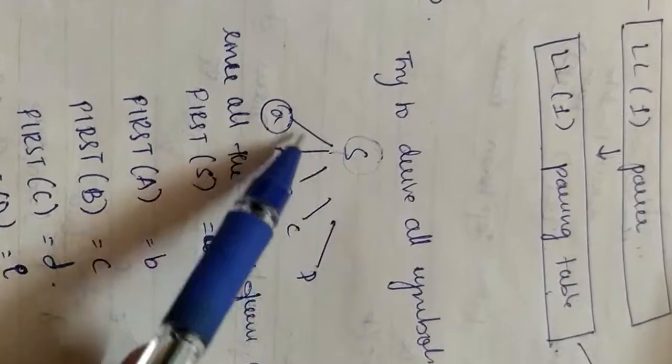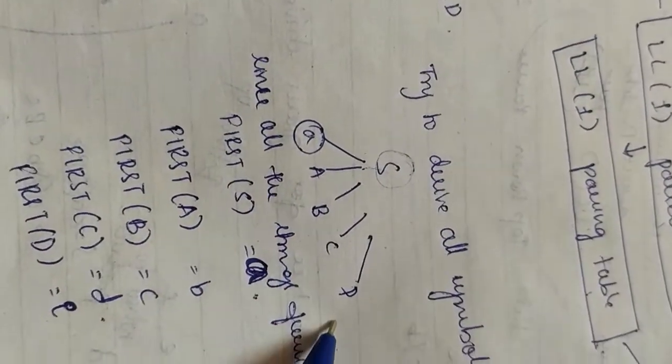So when I try to derive this S, what is there in S? A, B, C, D, right?